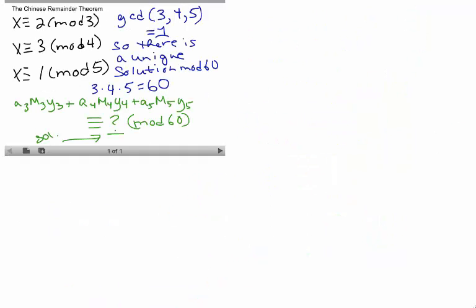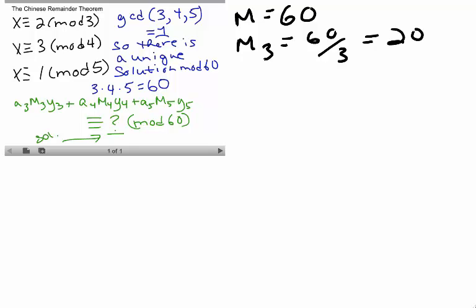Let's identify our values of A, M, and Y. To begin, we denote uppercase M as 60, the product of our three mods. Therefore, M sub 3, which corresponds to mod 3, is equal to 60 divided by 3, which is equal to 20.